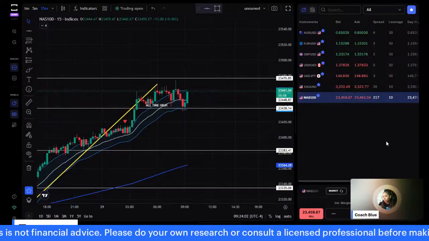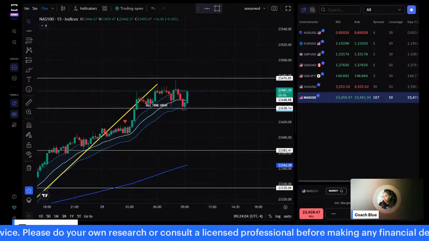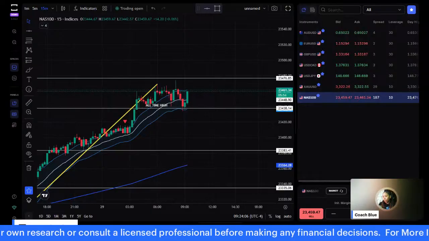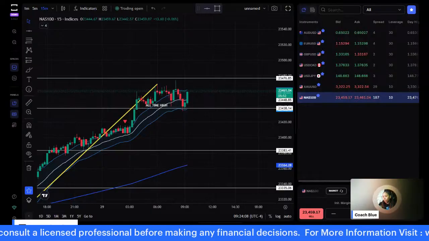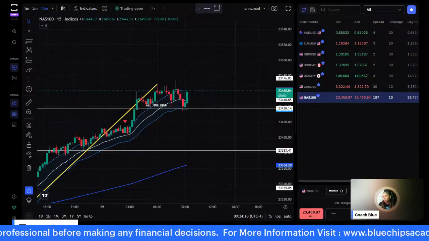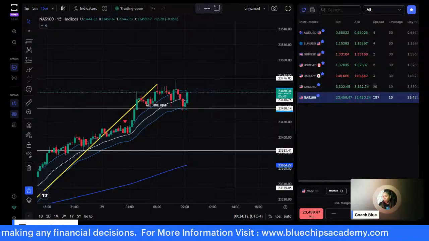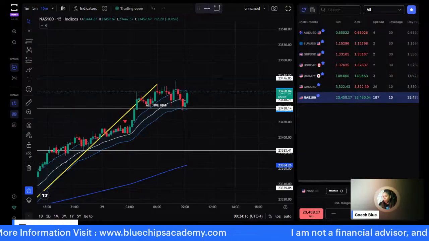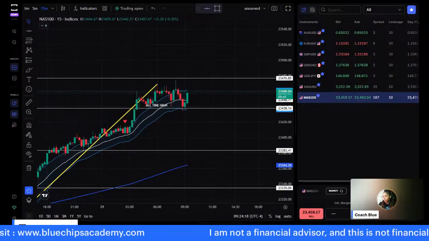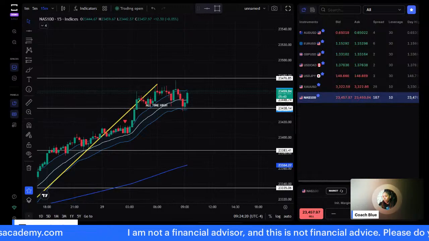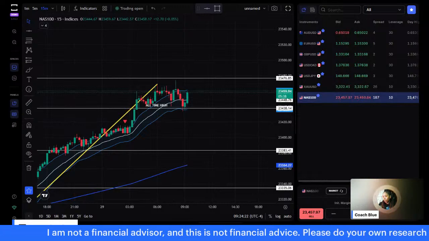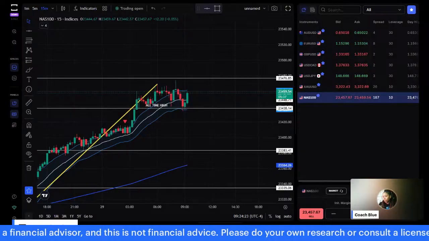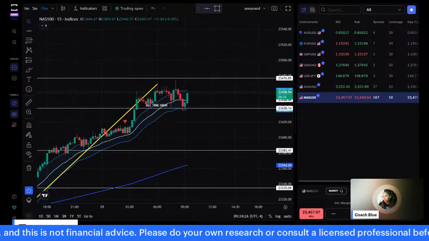So remember, before you get into any trade, you should already know how much you're risking for your trade. If you do not know how much you're risking for your trade before you enter, you're doing it wrong. Okay. Just as much as strategy and different tactics are important, so is risk management.